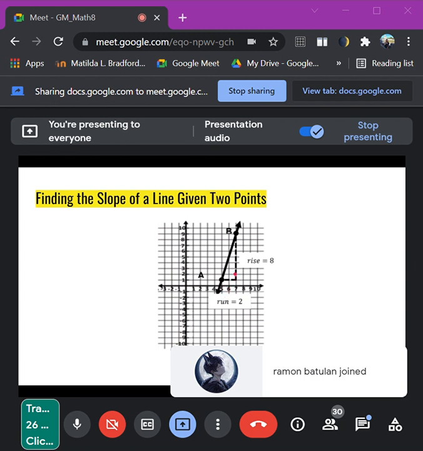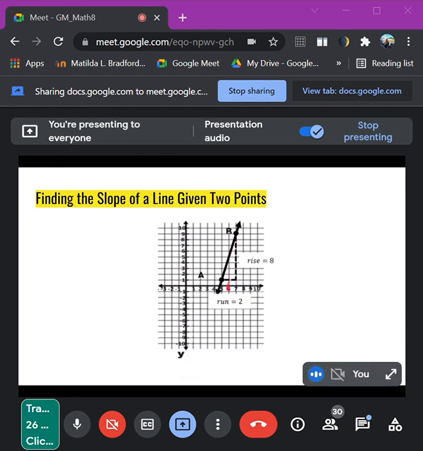So, imura siyang i-assign, i-plot nato ang ordered pair. Di ba, atong ordered pair ganina, we have there 5, 1. And then, the next one is 7, 9. So, mao ni ang 2 points. I-graph, and then, imo kuhaon ang rise ug ang run. And then, i-divide nimo to get its slope.